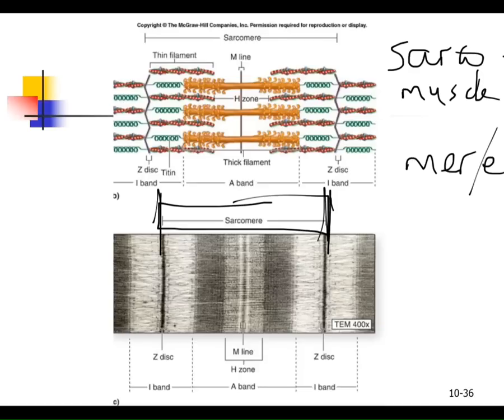We're down here at the microscopic level, and what we're seeing is that these overlapping actins and myosins are going to create the pulling force that muscles can exhibit. A sarcomere, this little unit, is defined as going from Z to Z, from Z disc to Z disc.